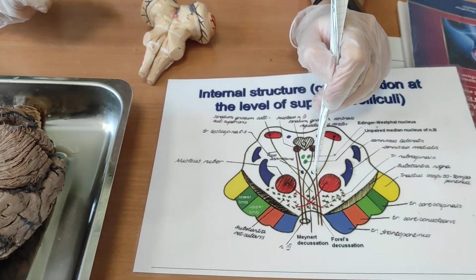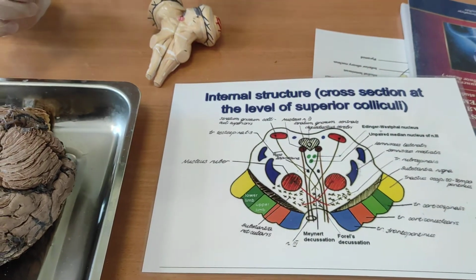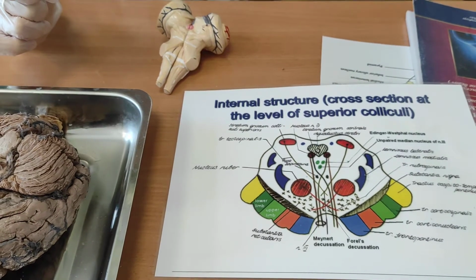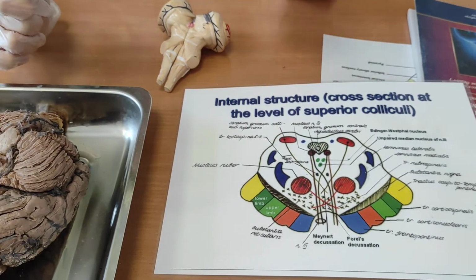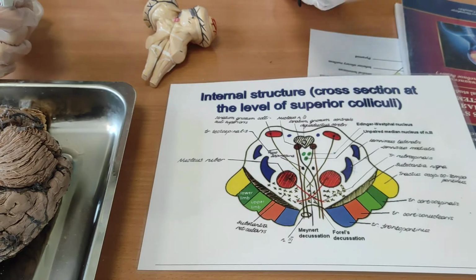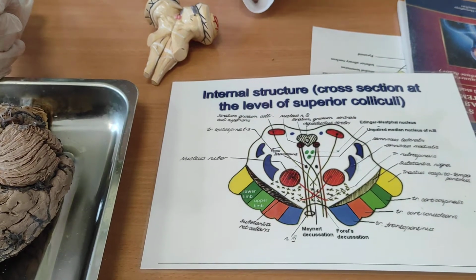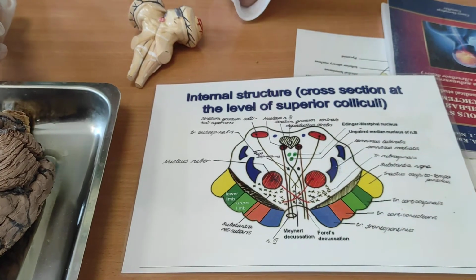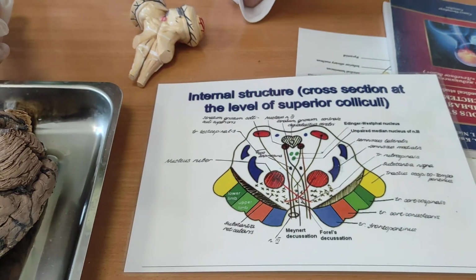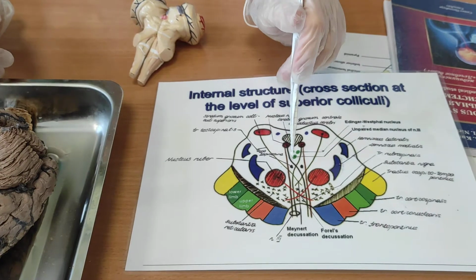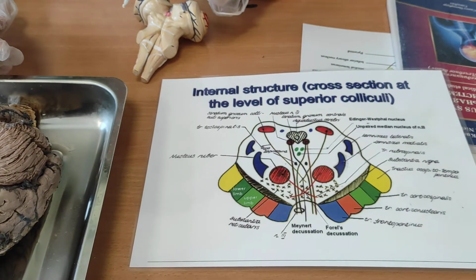From these 2 nuclei the tectospinal tract starts. It then forms the medial longitudinal fasciculus, and it is responsible for simultaneous turn of the head, neck, and eyes to the source of irritation, to the source of sound, or to strong light.